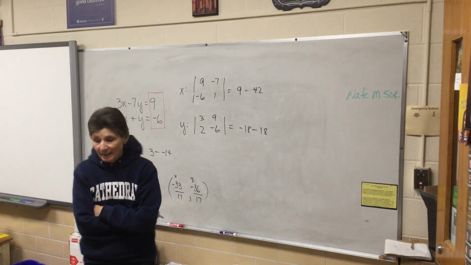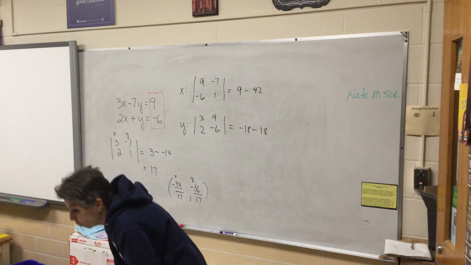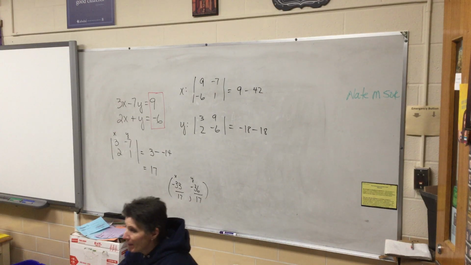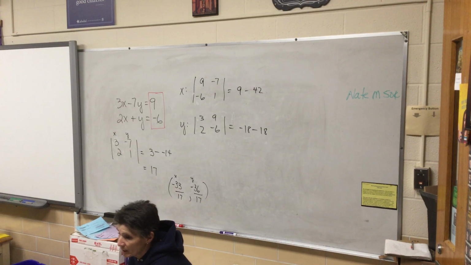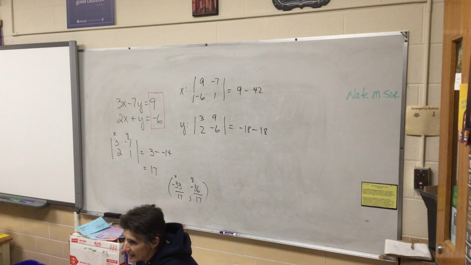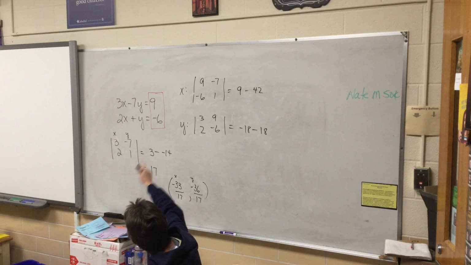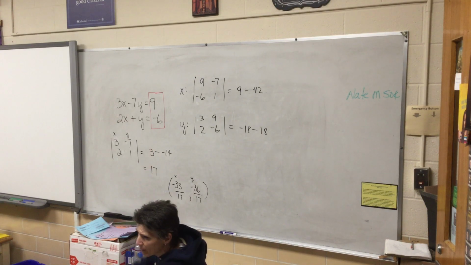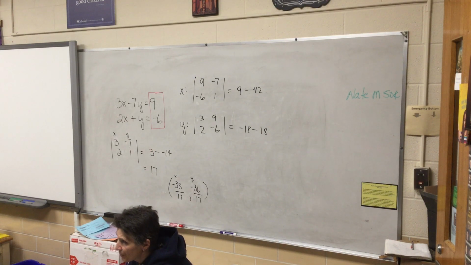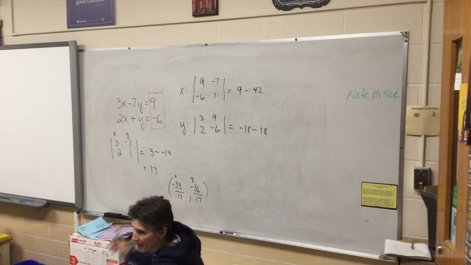Now, let's talk a minute about why somebody might choose to do Cramer's rule instead of eliminate or substitute. Because we could have eliminated or substituted on that problem. Can anybody think what would be advantageous about this?